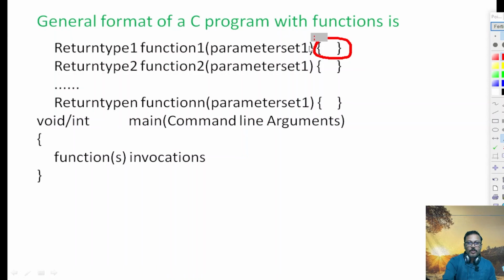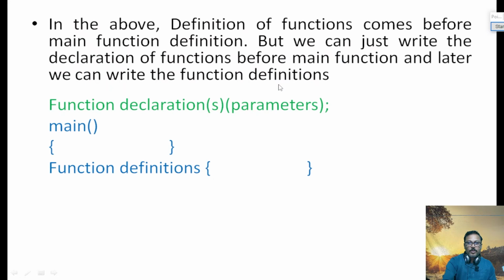If there is a semicolon here, it is called a declaration. If you have flower brackets with the code, it is called a function definition. So we can write the function declarations instead of function definitions, and then define the functions after the main also. But at least the declaration is essential.